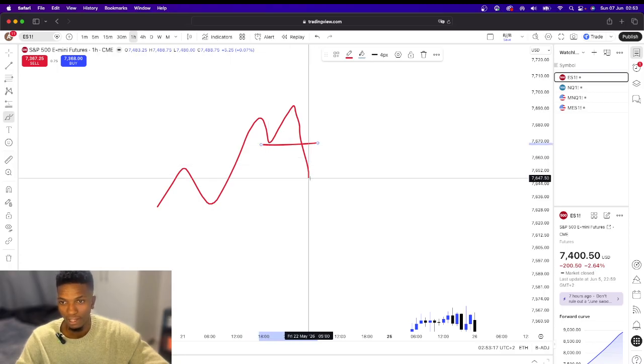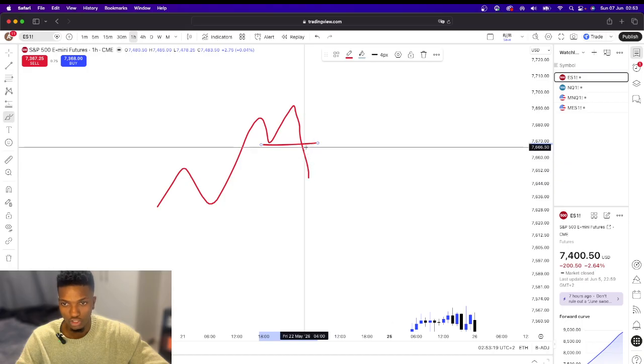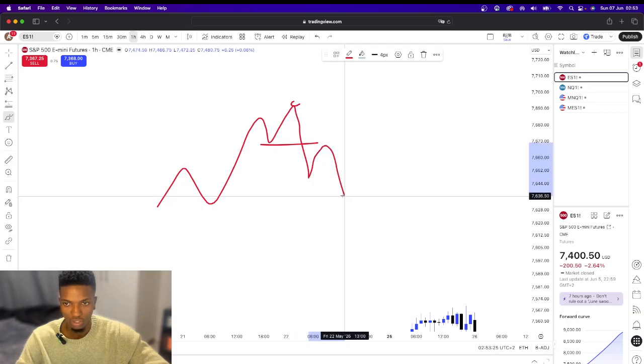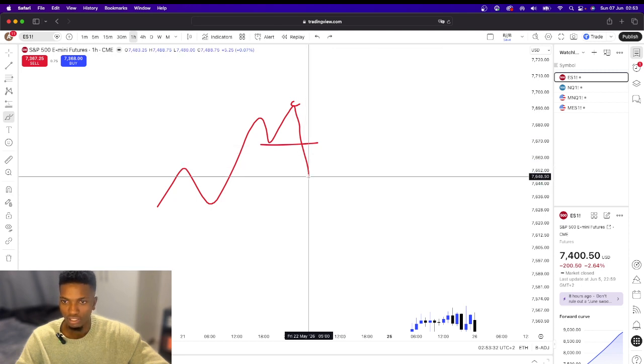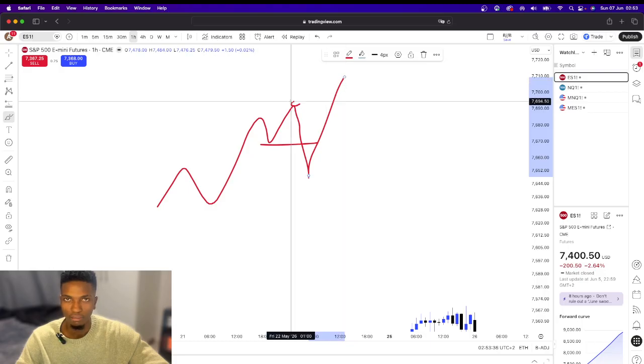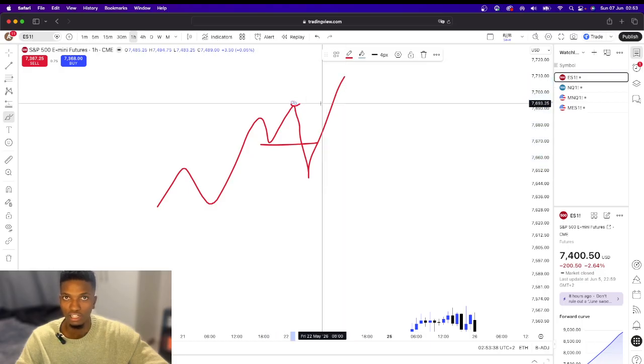And then if we respect this high up here, meaning we put a lower high and a lower low, then it's confirmed we are now in a downtrend, right? However, if instead of putting a new lower high we push up and close above this, then it means the uptrend is continuing.